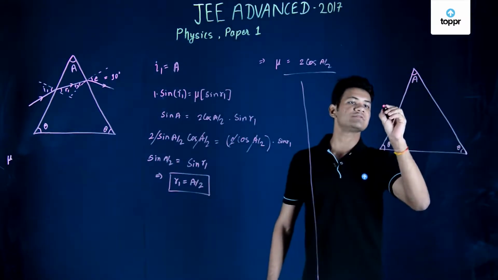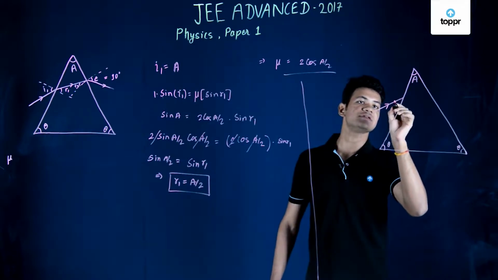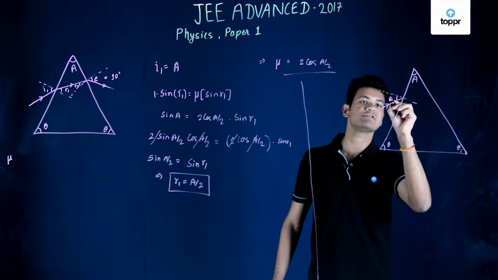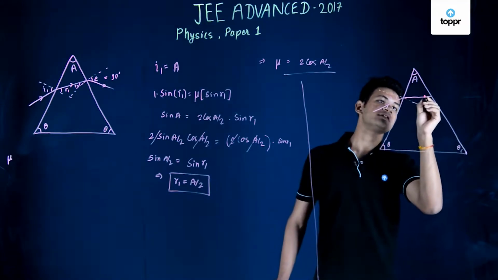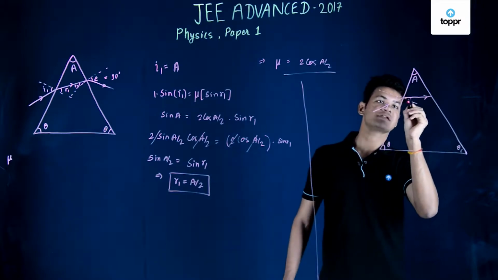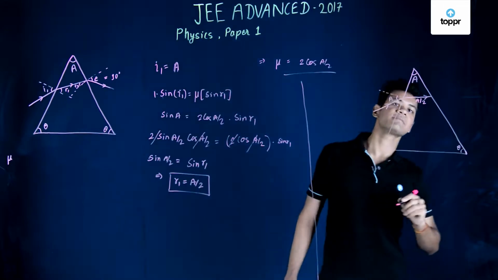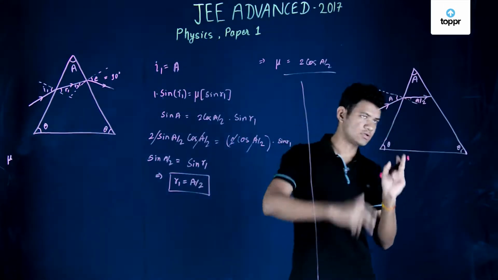Now let us take the incident ray, the normal, which was given A, and the refracted ray, the refracting angle, which we already calculated, A by 2, right? Now we just need to verify whether this line is parallel to this line or not.